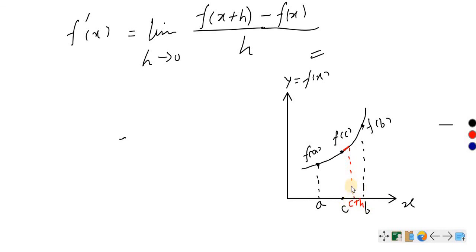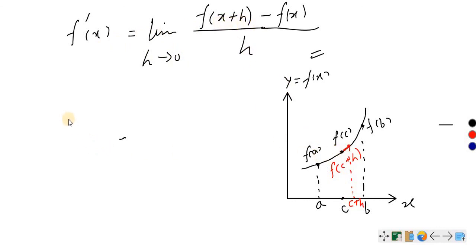Our function will become f of c plus h, and this f of c plus h is very close to f of c. Here I didn't take any particular point, I have taken x. So if you consider this point as x, and there is a small increment in x, I can write in this way.